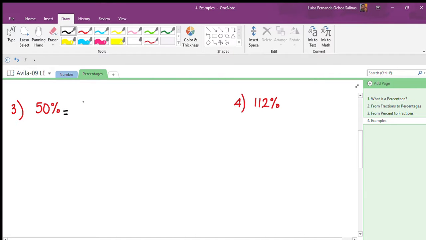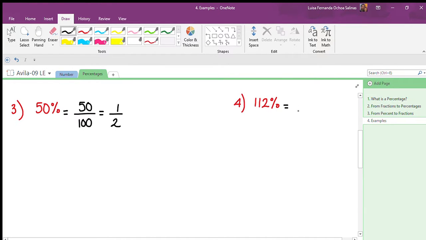So 50%, how do you express that one as a fraction? So I have to write 50 out of 100, and if I simplify this, I know this one is going to be 1/2. This is a very common percentage, so it's a good one to just remember because it will come up a lot. 112%, so same thing. I know that I have 100, so it's going to be a whole 1 plus 12 over 100.